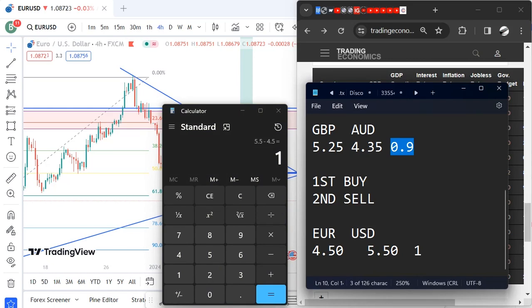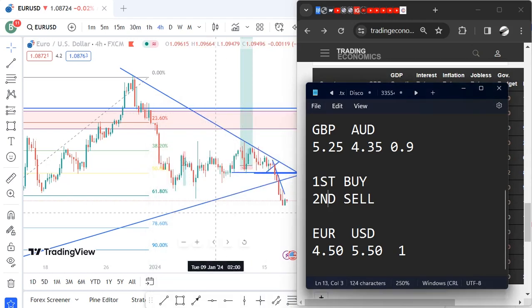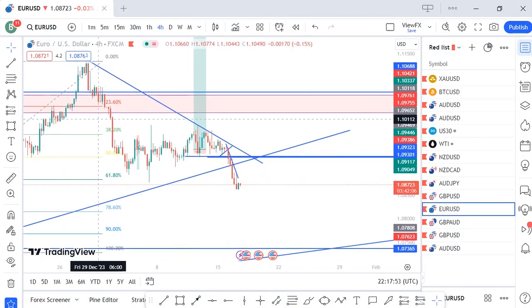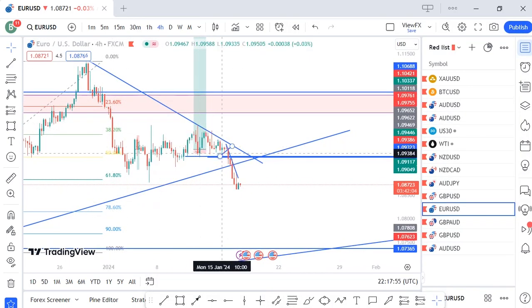So now, since USD is heavier or greater than euro, and USD is the second, it is going to sell, and if you see what is going on here, euro USD is selling.